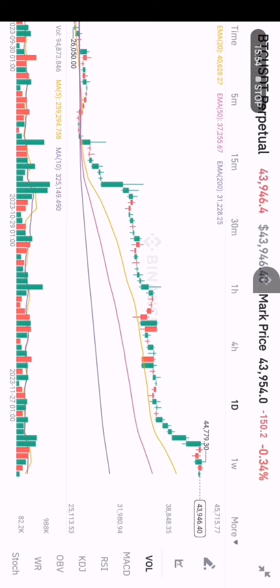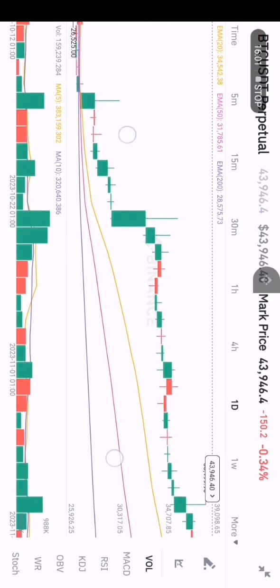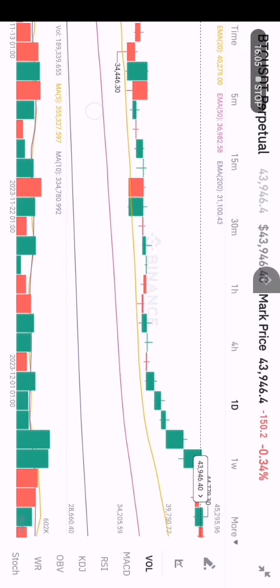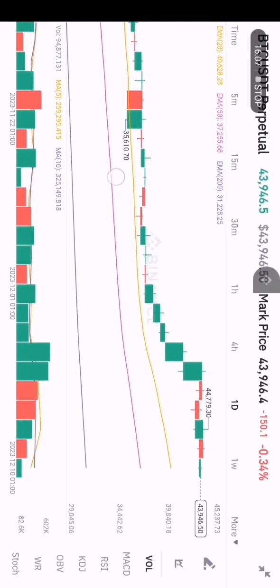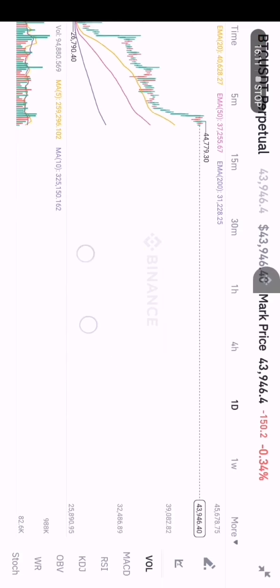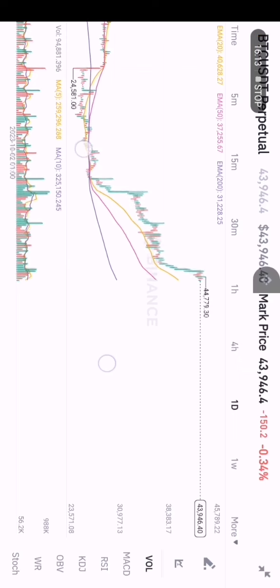Maybe that's what the market is using. So this is for 1 day, and everything seems bullish. This is a very strong trend, and the market is so bullish now.